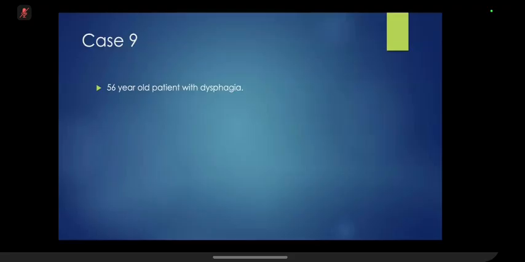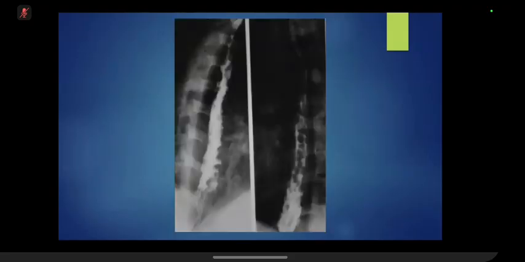Can you read the history? Yeah, 56-year-old patient with dysphagia. These are the spot images. Okay, so I've been presented with barium images of this patient who is complaining of dysphagia, and these appear to be oblique and lateral projections to me.